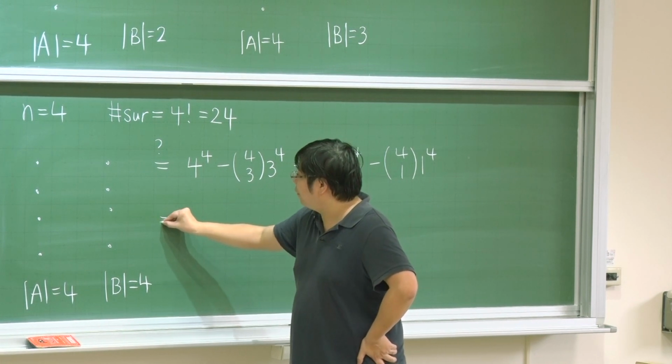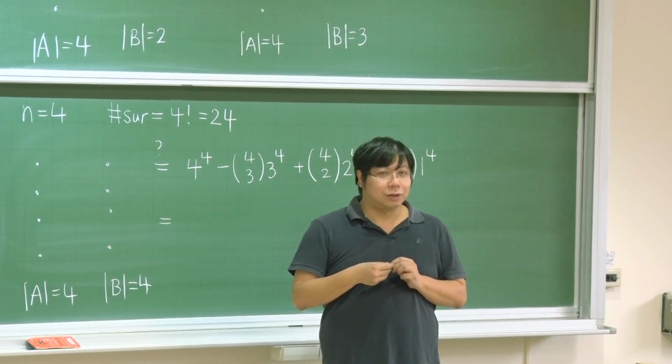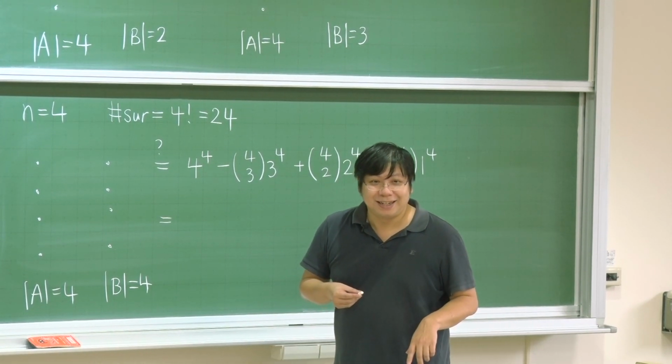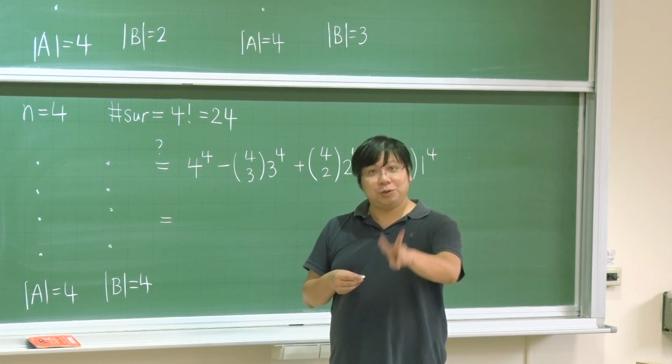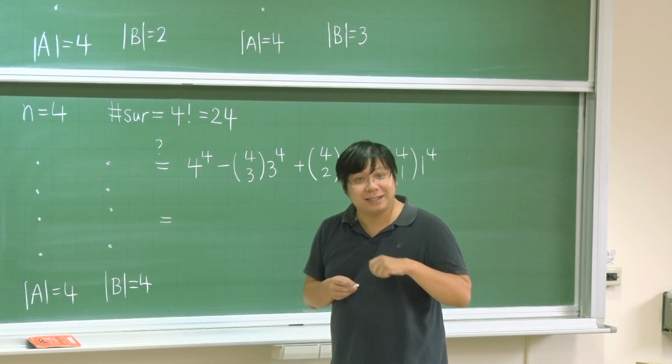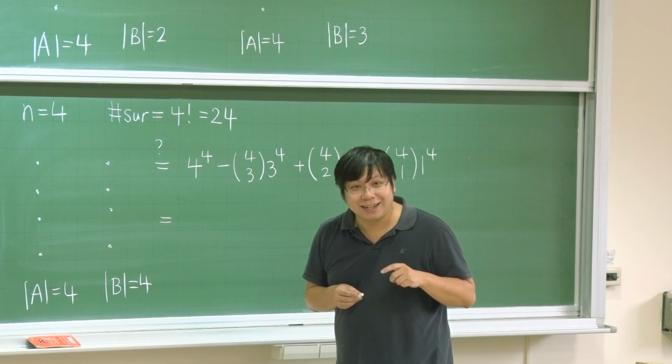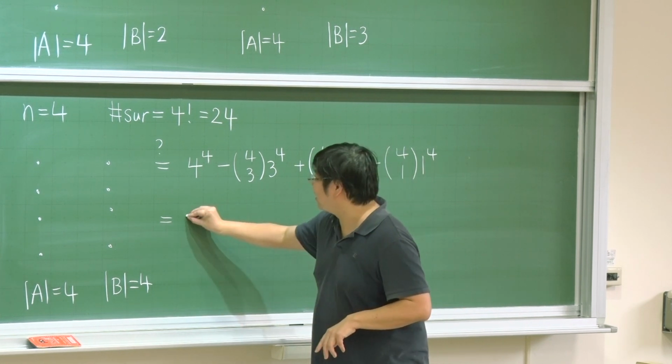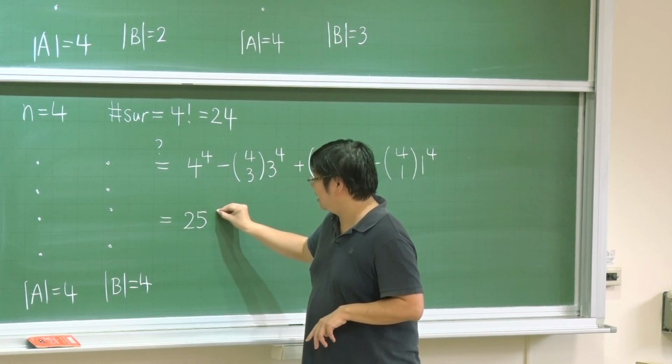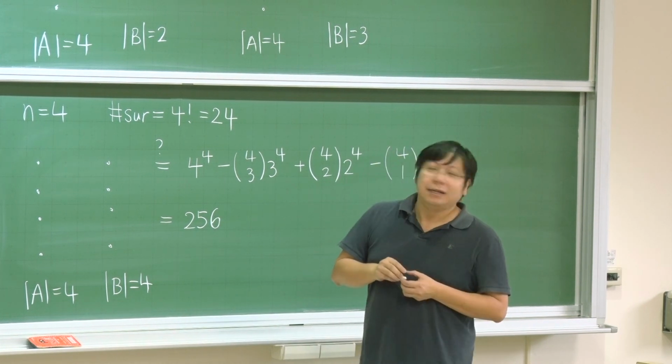So 4 to the power 4 is equal to 2 to the power 8, right? And 2 to the power 8 is 256.